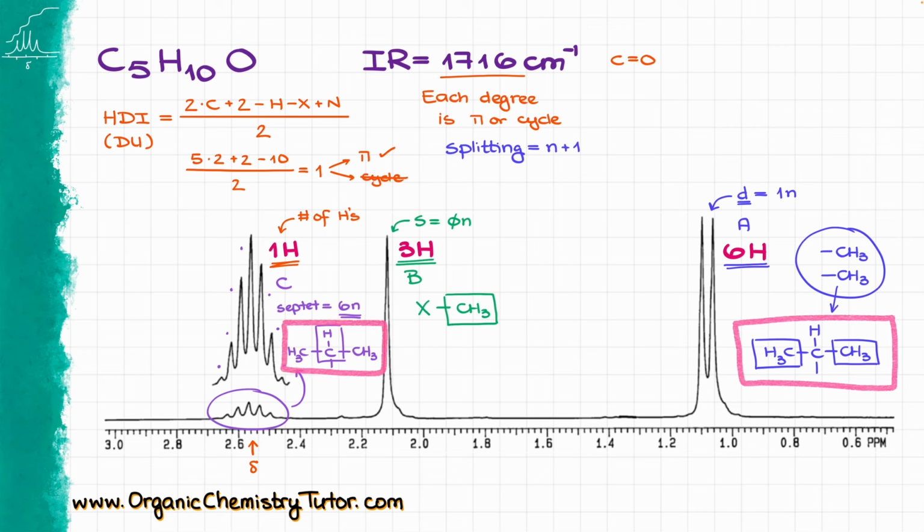So now, when I have scavenged all the information out of my spectrum, let's look at the building blocks that I know I have. I know that I have a carbonyl. I will draw it out as a CO double bond like that. I also know that I have a CH3 connected to CH, which is connected to another CH3, and we also know that we have a CH3 group that is connected to something without any hydrogens.